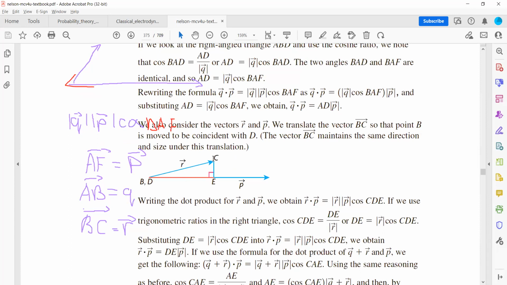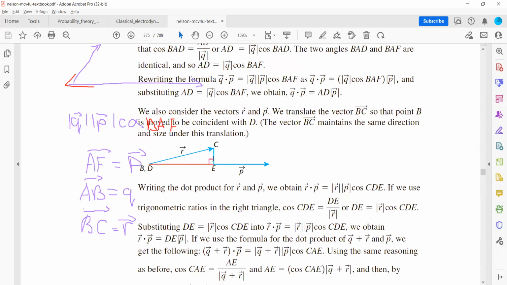And now let's try to write a dot product for these two vectors. Again, we'll use the same dot product formula that we just discovered, which is modulo of one vector times modulo of another vector times cosine of an angle between them. For this particular case, vectors R and P, so we're going to have modulo of R times modulo of P times cosine of an angle between them, and it's going to be CDE.